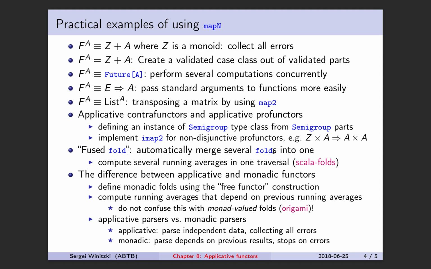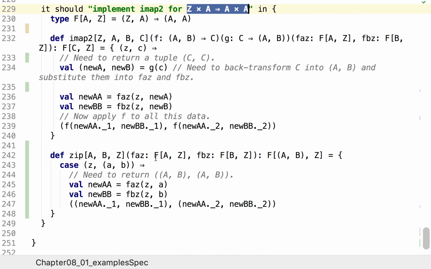And that's wasteful. So you can merge these folds into one. You can define a fold separately and then merge several folds into one and apply that one fold to a list, traversing just once. So let's see how that works.